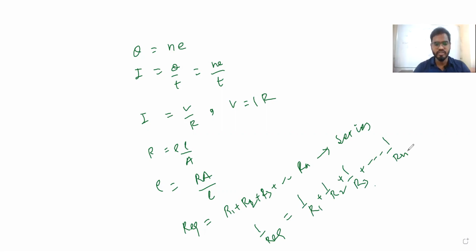We can add one more piece of information: whenever two resistors are in parallel, you can directly do multiplication by addition, M by A. All these formulas we have covered, and we did numericals on them too.